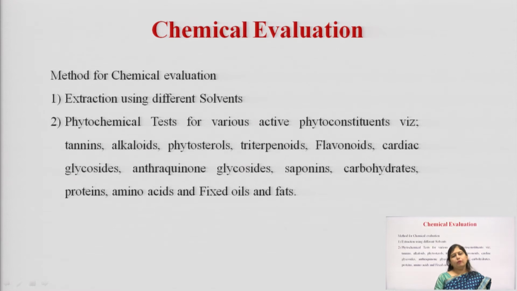Now, before we move to chemical evaluation, I would like to discuss one thing with you: whenever a plant drug has to be studied, it needs to be converted into a form which can be easily used for testing. For example, if I use directly a powder of any plant, it may not mix properly with water or any other solvent.